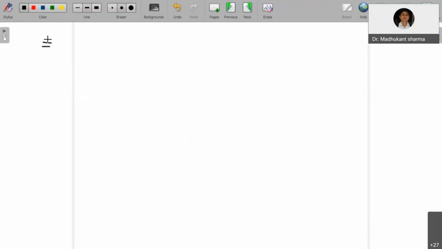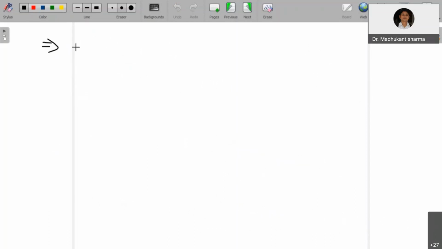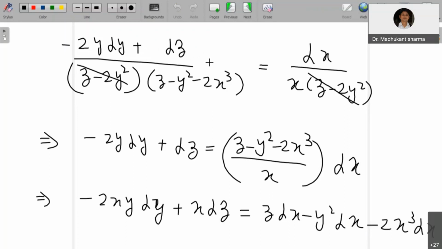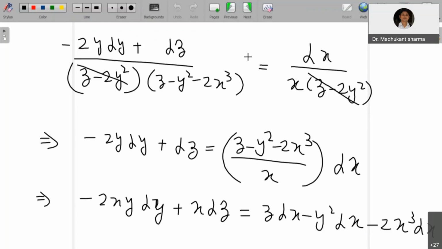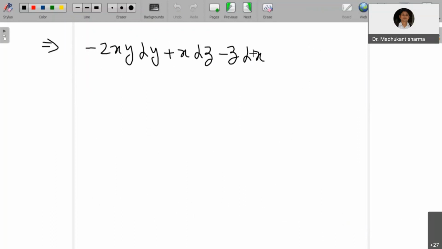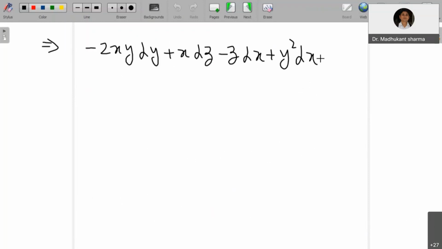So what you will have is minus 2xy dy plus x dz minus z dx, plus y square dx and plus 2x cube dx is equals to 0.